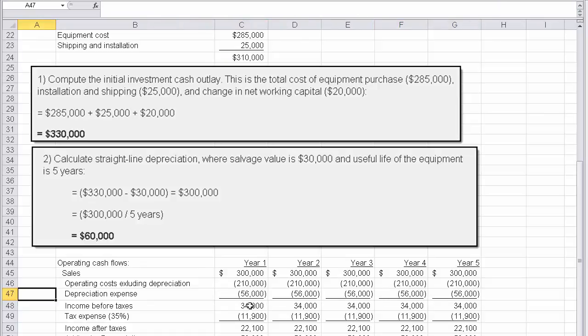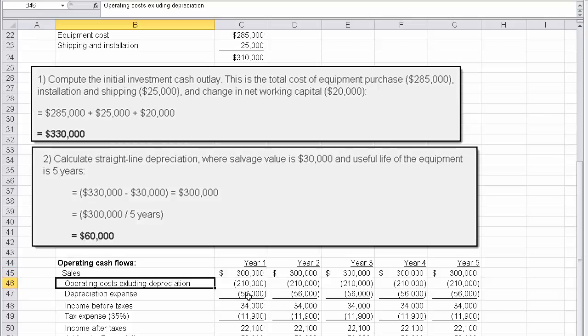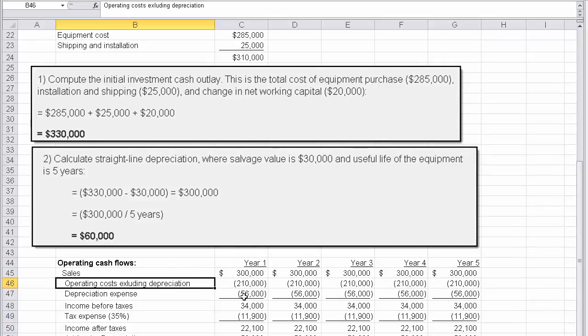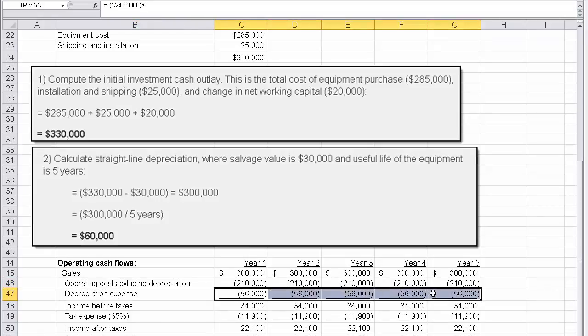And on this section right here, perhaps I should bold this so it's clearer for you, I'm going to work on calculating the operating cash flows. Now, one thing I want to point out is if I were to sum all of the depreciation, you will see that that would equal $280,000. And 280 is indeed 30,000 less than 310. So the book value or salvage value will be 30,000 at the end.